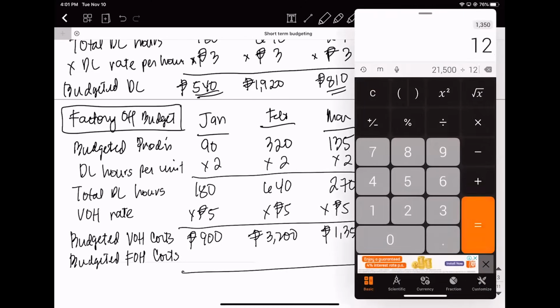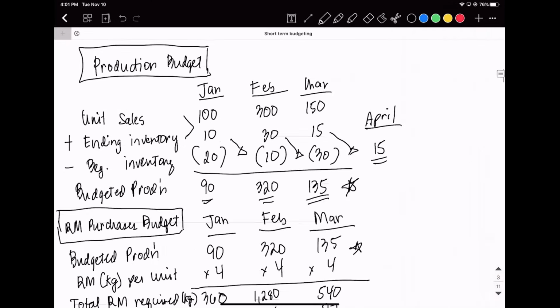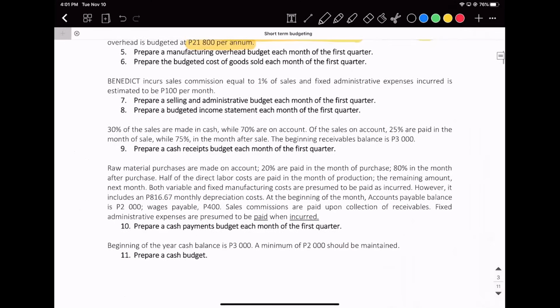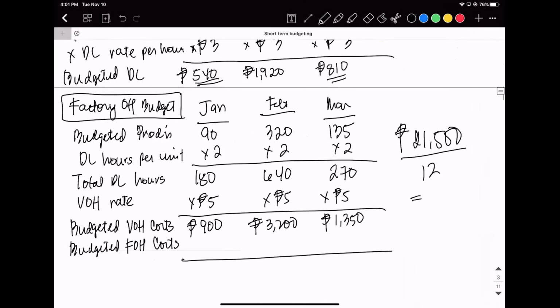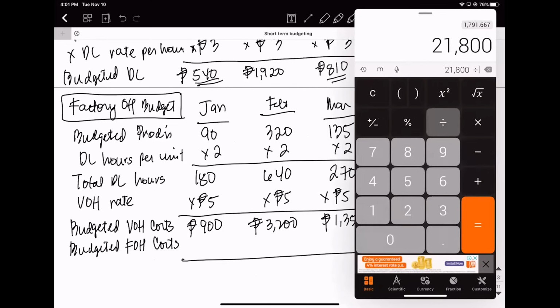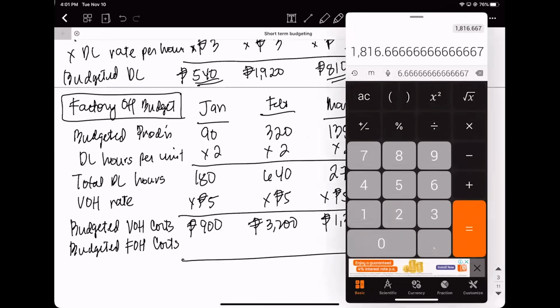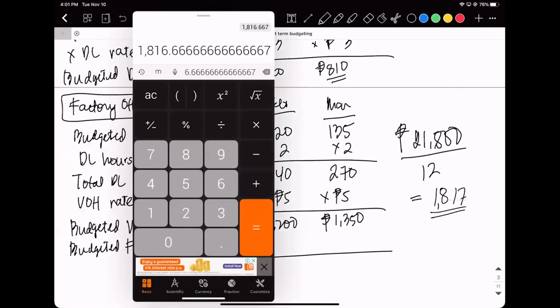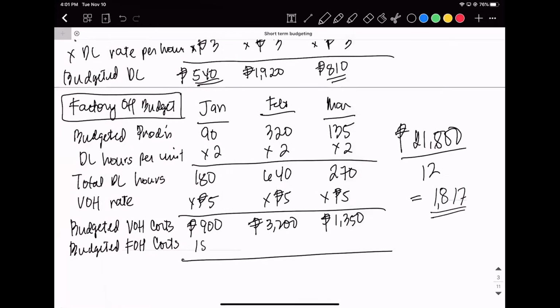So 21,800 divided by 12, butal pa rin, okay lang. Round off na natin, 1,817 per month.